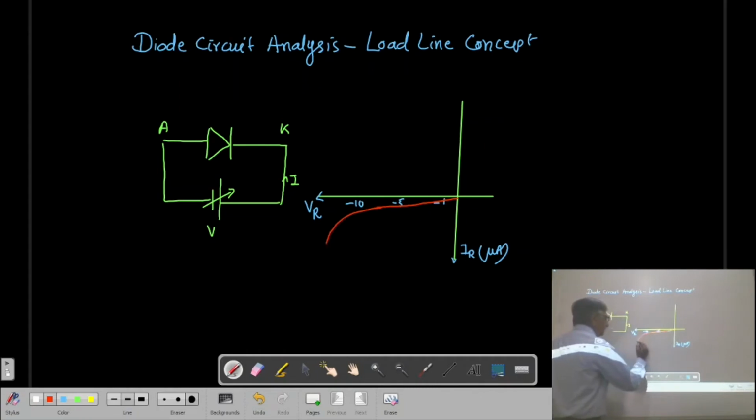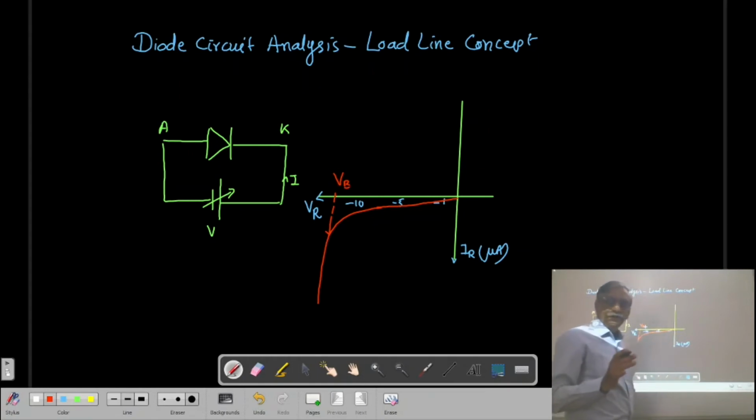And after some voltage, the current suddenly increases, and that is known as the breakdown voltage of the PN junction, represented as VB. After the breakdown, the current suddenly increases, and you have already learned that this breakdown mechanism is either due to the avalanche effect or due to the Zener effect, but we are not going to discuss that here.